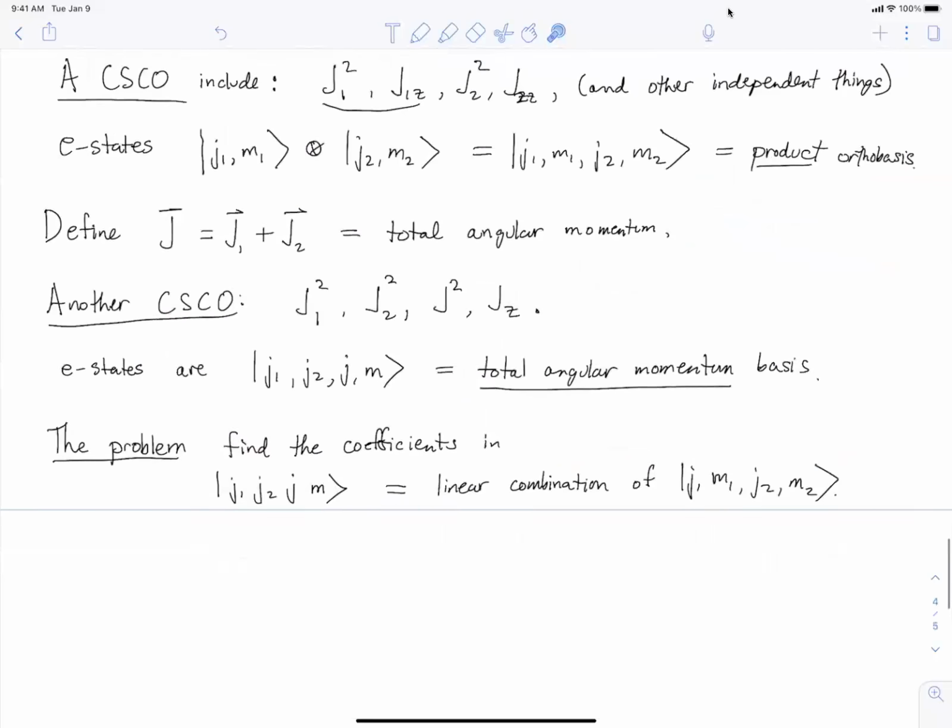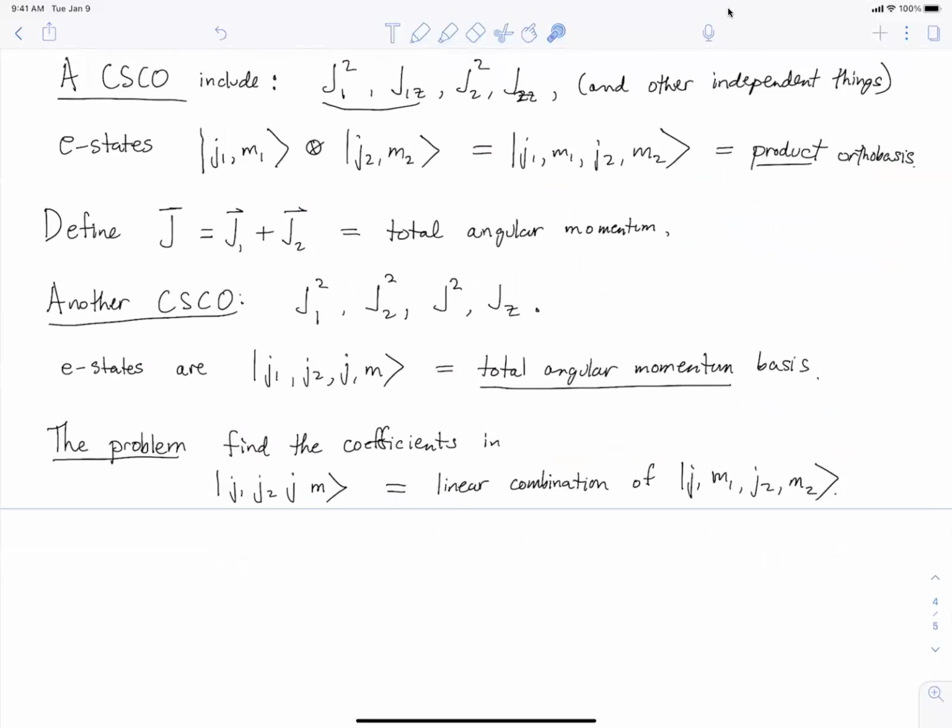Okay, so one thing you could ask is, is there any other CSCO, or could we write down a CSCO that includes aspects of both of these? And I want to emphasize that's not possible. So let's see, could we have a CSCO that's something like the following?